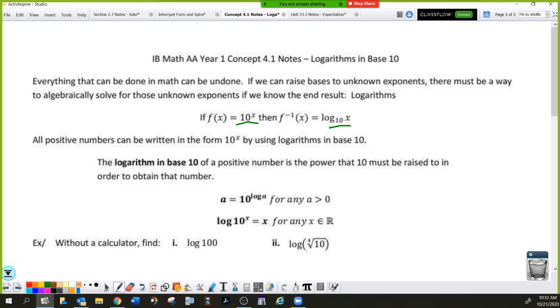The number a, let's just say 2, is equal to 10 raised to the log of 2. So 10 raised to the log of 2 is equal to 2. And by the same logic, log of 10 raised to the x is x.